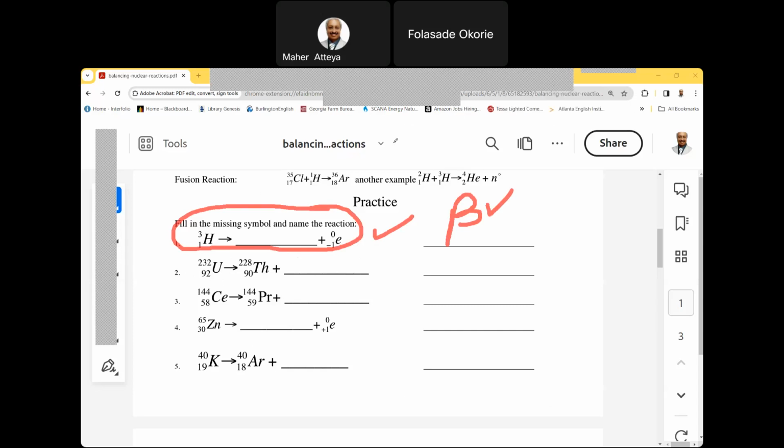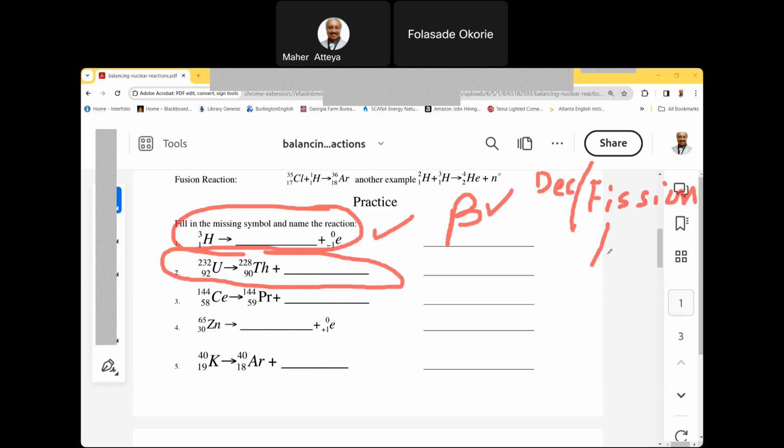How about the second one? I'm looking at this decay here. Fission or fusion? What type is this?